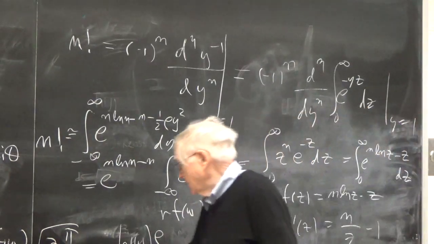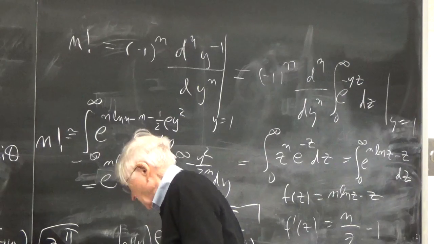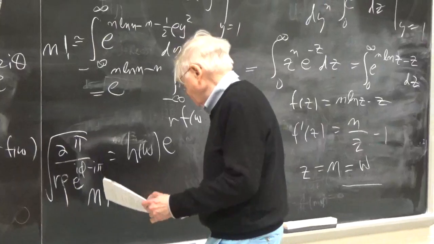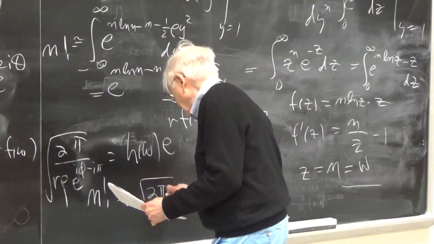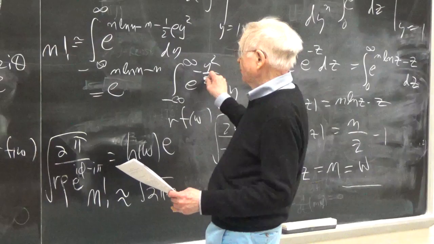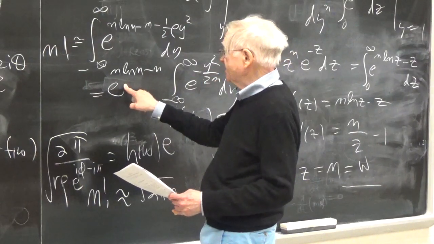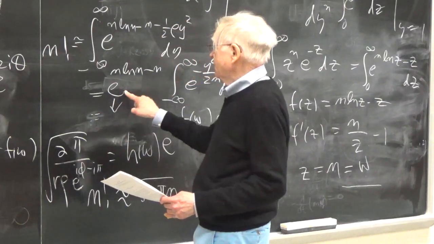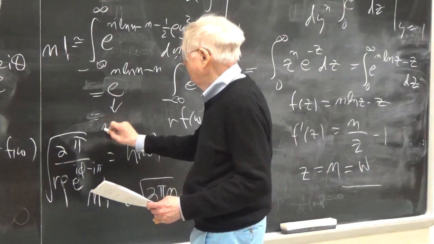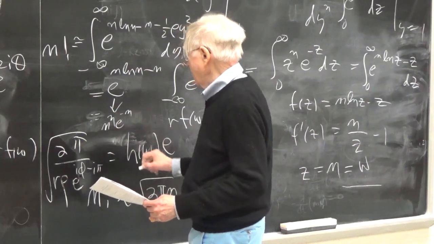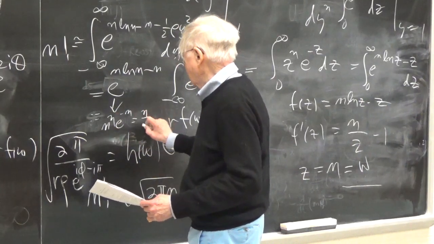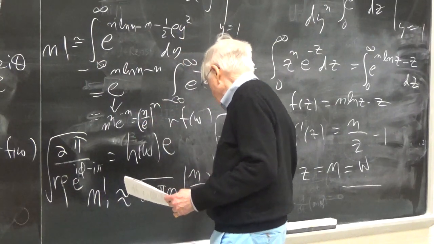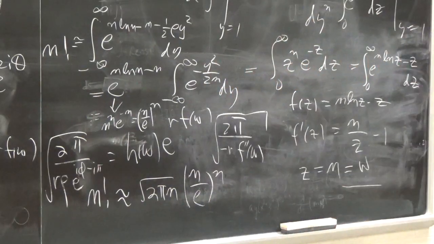And so we get that n factorial approximately is the square root of 2 pi n, that's this integral, and then times this. Well, just this part is n to the n, e to the minus n, and so that is really n over e to the n. And that's Stirling's approximation.